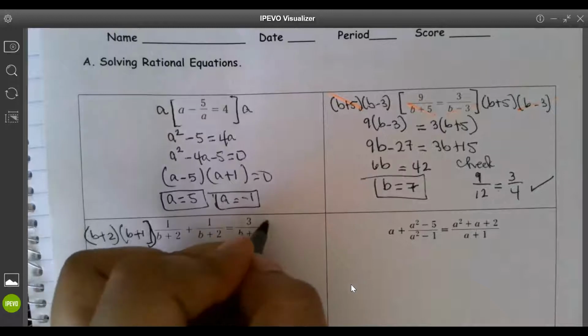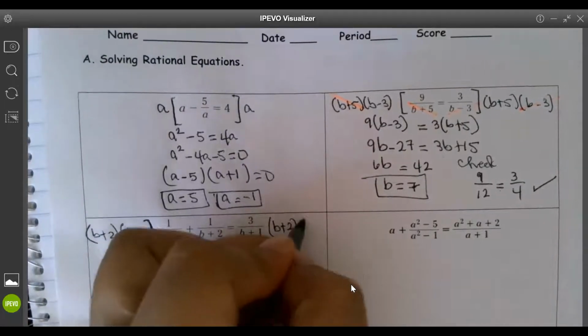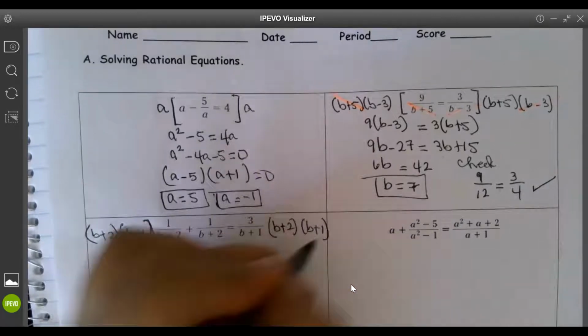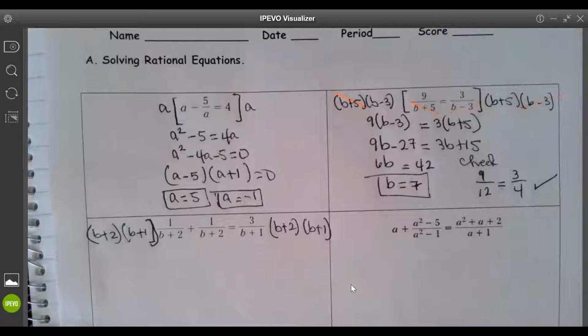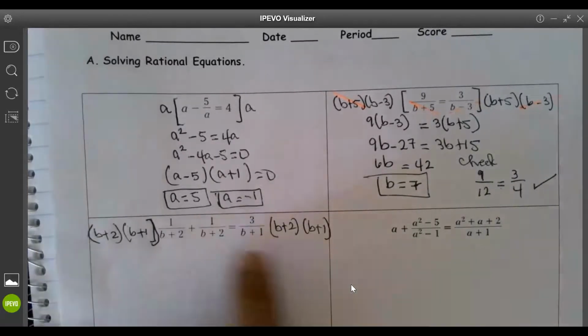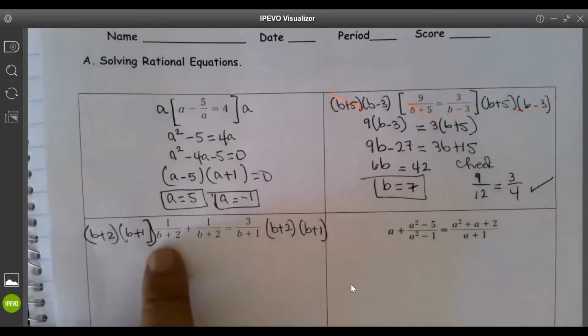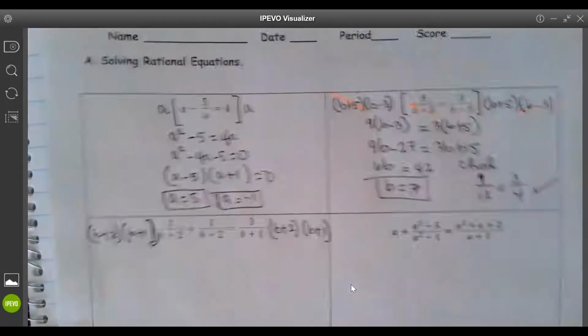You multiply the right side also by B plus 2 and then B plus 1. When we solve this one, I'm going to leave it for the meantime, and we will go back to it for your graded recitation afterward. That is solving rational equations.